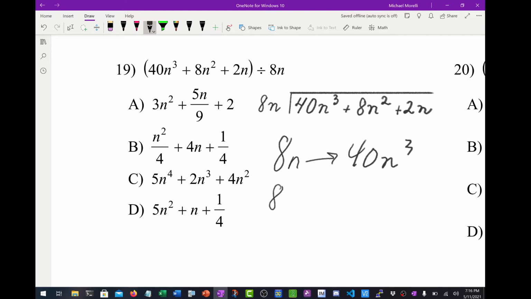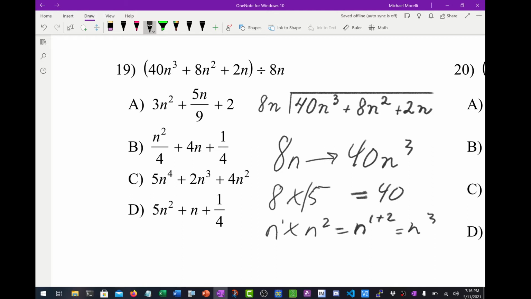Well, to turn the 8 into a 40, I can just multiply by 5, because 8 times 5 is 40. And to turn the n into n cubed, I can just multiply by n squared. The product rule for exponents says I'm going to add those exponents, so n to the 1 plus 2 gives me n cubed, and 8 times 5 gives me 40.